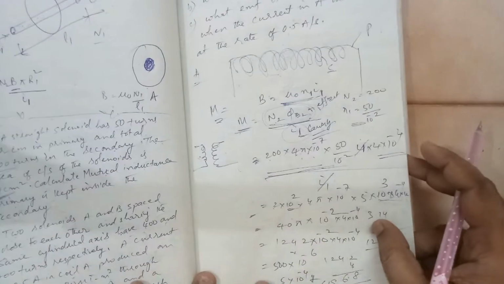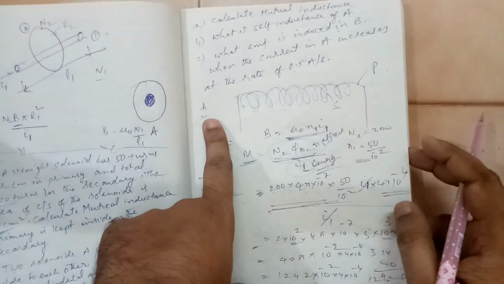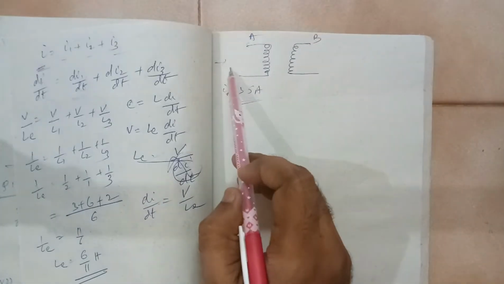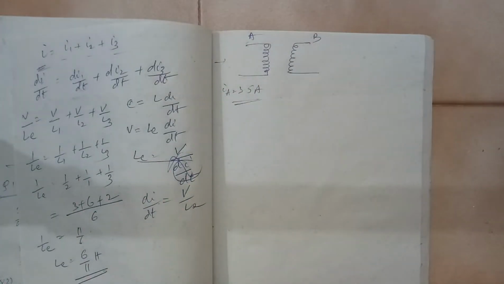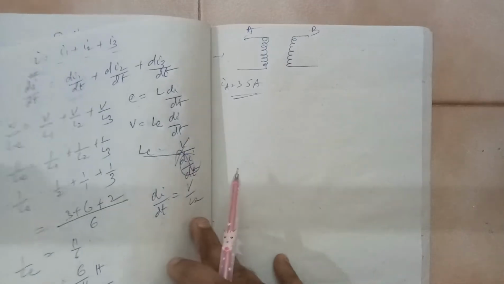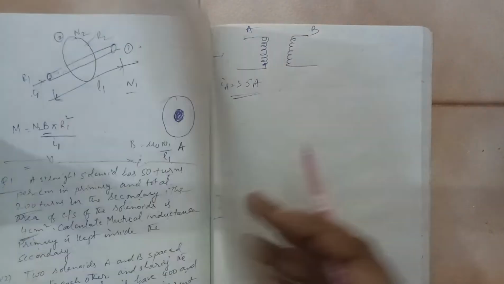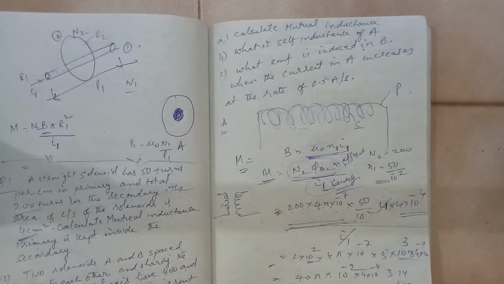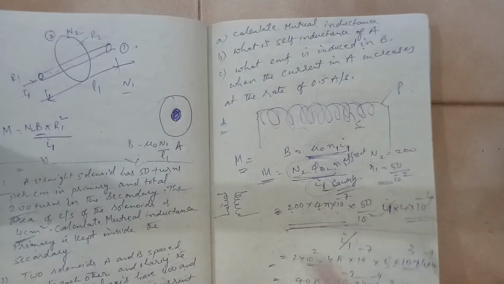You see, in the previous question the current is not going to matter, because it is getting cancelled out. But here it is not like that. The current in one is going to affect the other. So the current is given as 3.5 amps, and the number of turns are given as 400 and 700.